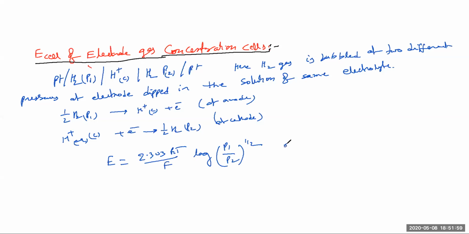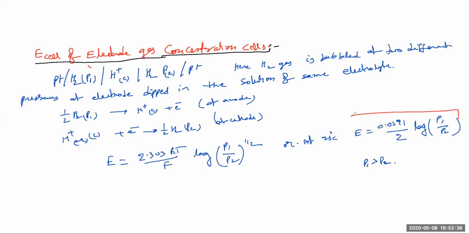Or E is equal to 0.059 by calculating those, we'll get that only. So here two electrons change. Log of P1 by P2. Here P1 is greater than P2. Take this formula. So this is the EMF of the galvanic cell.